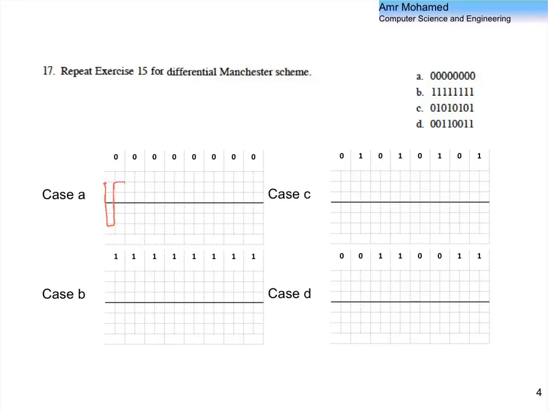But if it starts with 0, then you toggle at the beginning of the bit as well. If it's 1, then you keep the level straight and then you toggle in the middle. So for 0 again, we toggle, then we toggle, and so on.